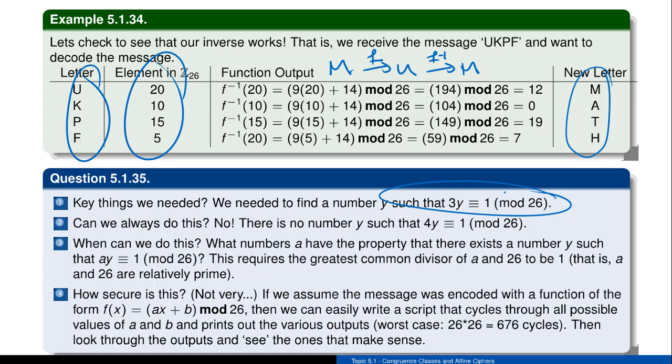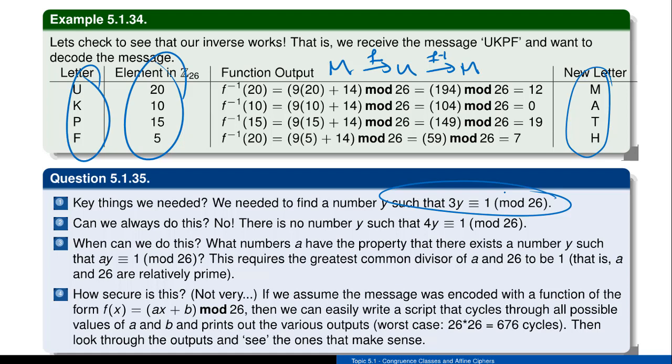A component of that actually answers the second question: is this little affine cipher always going to work? What happens if I change the 3 in front of the x to something like a 2 or a 4? Well, if you think about it, if I have a 2 out in front of something, regardless of what I multiply that thing by, my output's always going to be even.